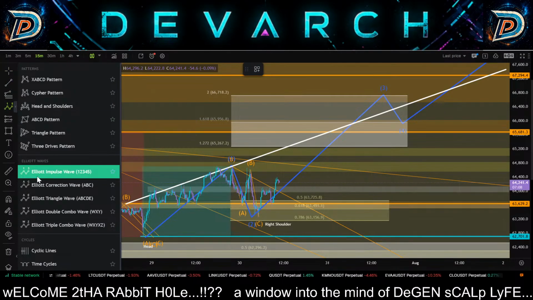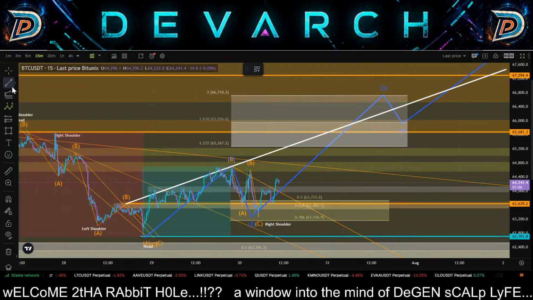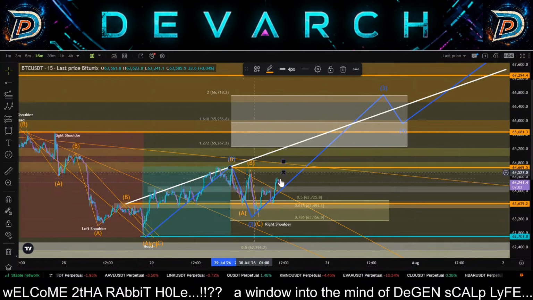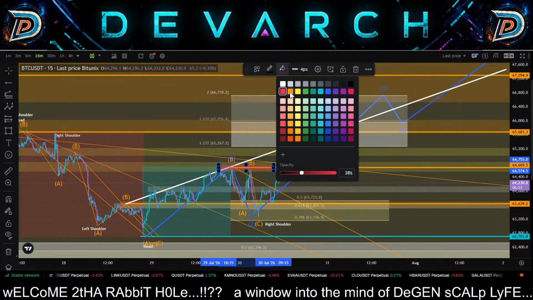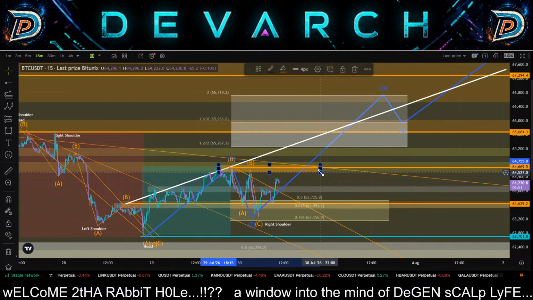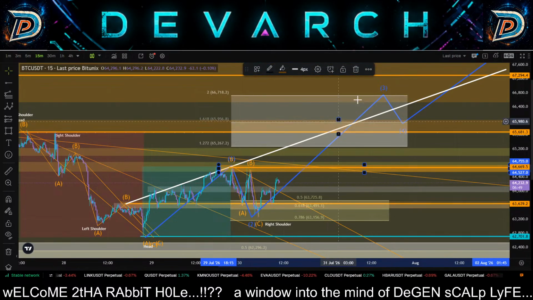And for the microwaves, to verify the wave 3 is active in the microwave structure, we need to see this B wave break. So 64,669 is the microwave important level to be aware of for the break into the wave 3.